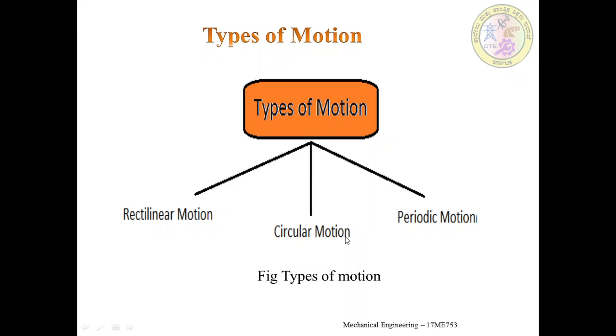The last type of motion is periodic motion. In periodic motion, physically the pendulum is not moving from its place; it is fixed to some point, yet it shows the motion. This kind of motion that repeats after a specific period of time is known as periodic motion.